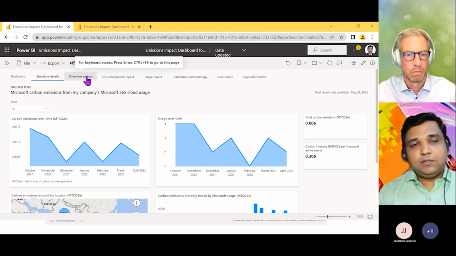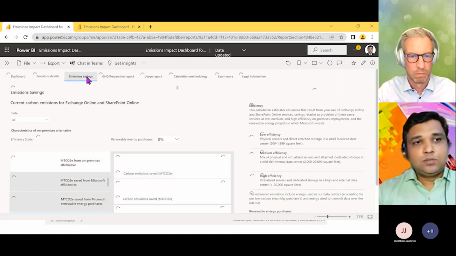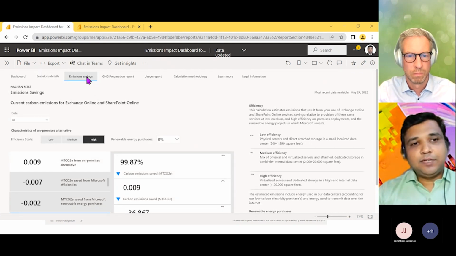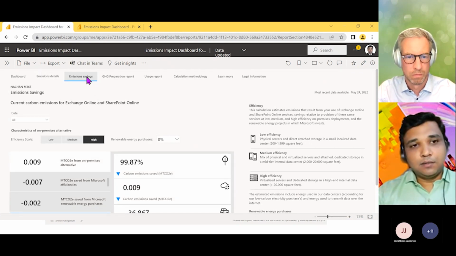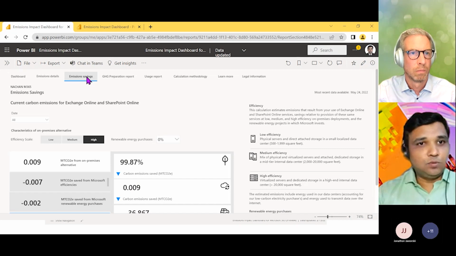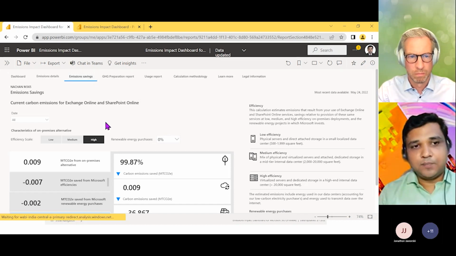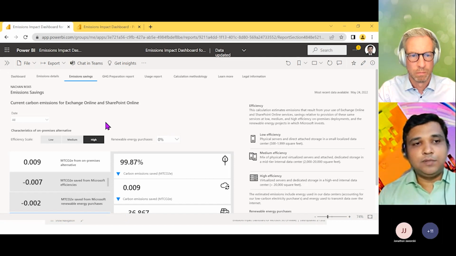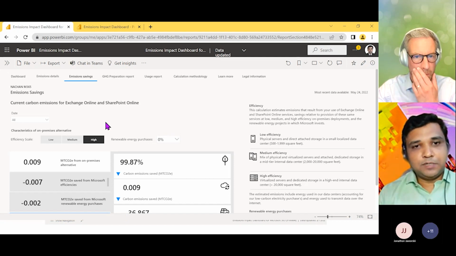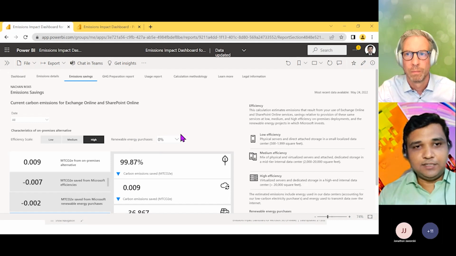Another important area is emission savings. Organizations can also estimate the carbon emissions that they have avoided by moving their Exchange or SharePoint deployments to the cloud. So if you have already moved to the cloud, you are already saving on emissions. You can improve the accuracy of these estimates by selecting the appropriate options to reflect the efficiency level of your on-premises alternatives and the percentage of renewable energy usage.